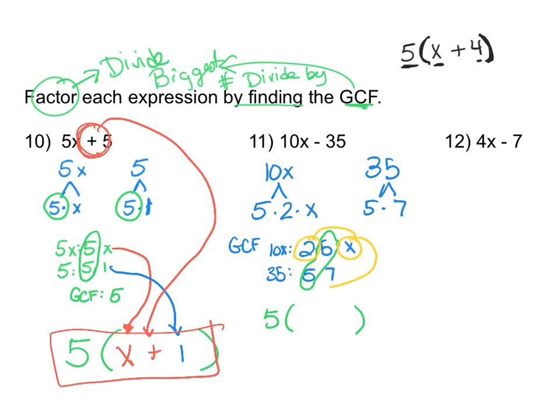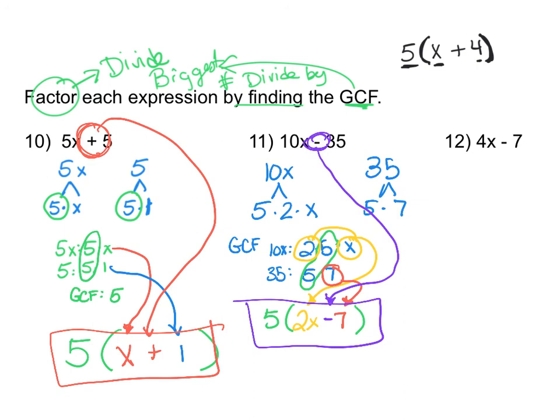So that 2x is going to go right here. And then what's left over on the bottom one, or the 35, is the 7. What operation did I use? I used a minus, so that minus is going to go right here. And that is your factored expression.